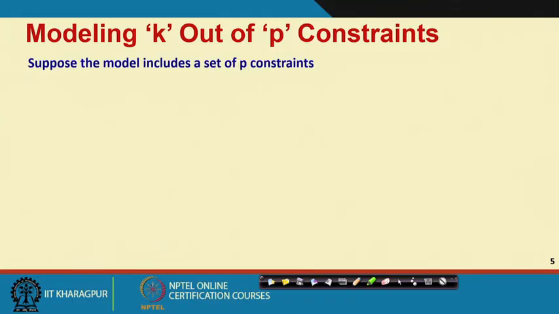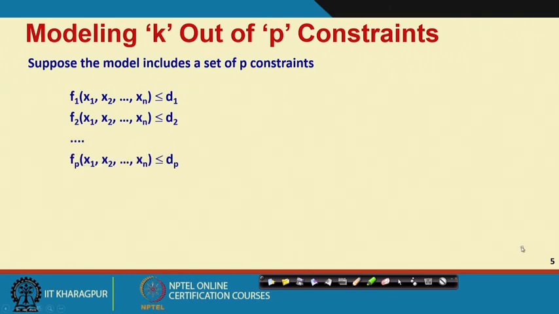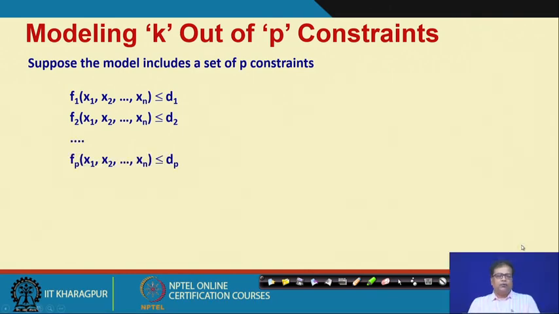So, let us say again the problem is f1(x1, x2 to xn) less than equal to d1, f2(x) less than equal to d2, and so on up to fp(x1 to xn) less than equal to dp.